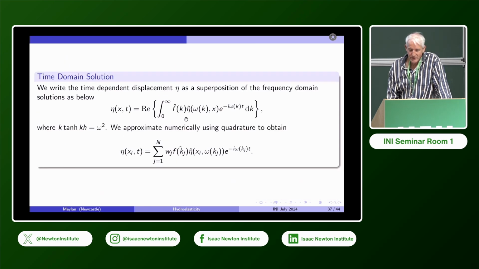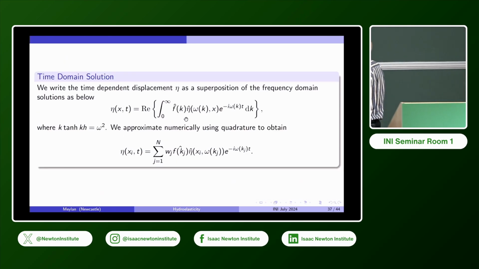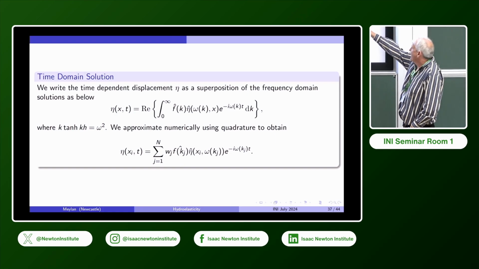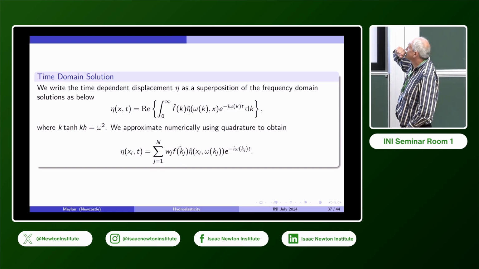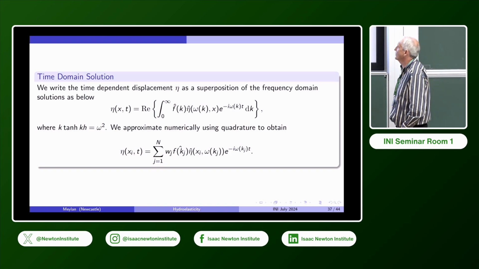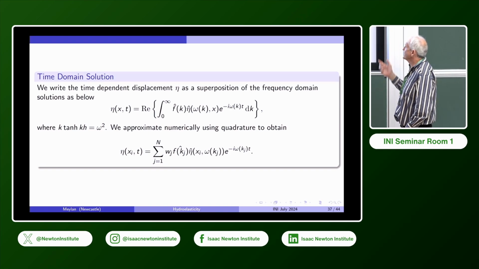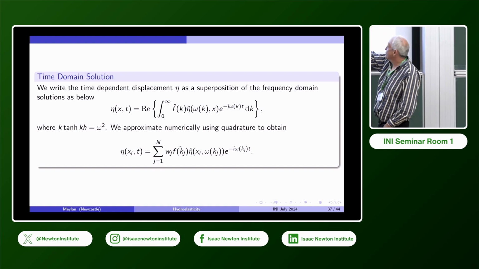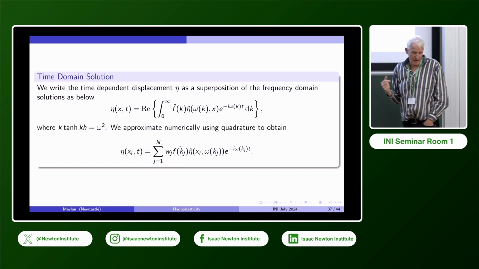We have this equation here that we basically simulate in the time domain by just superposition, and we want to calculate that integral. That's the formula for the time dependent solution for a lot of frequencies added together, and we can use quadrature, like the midpoint rule or something, and we can produce an approximation as a sum.